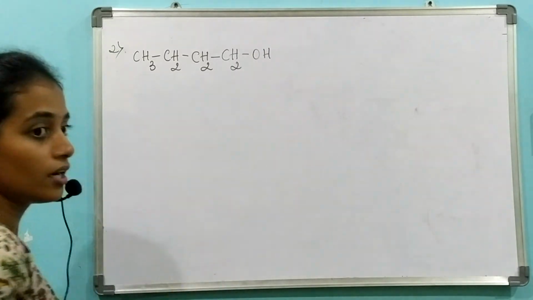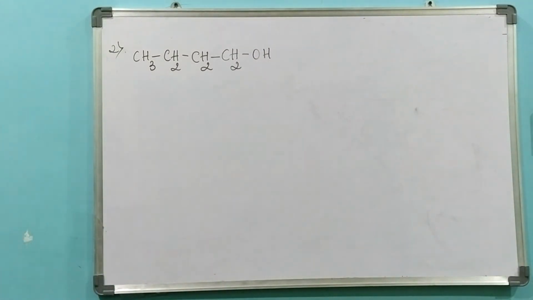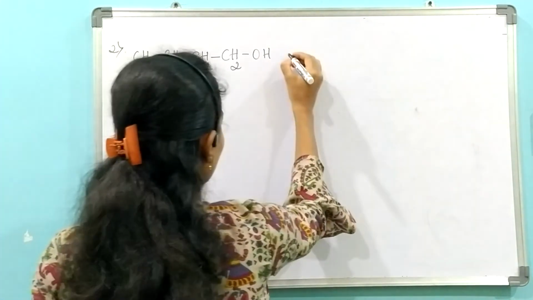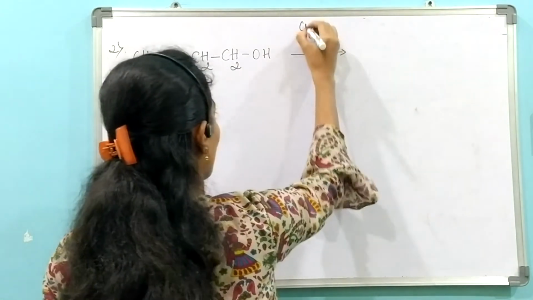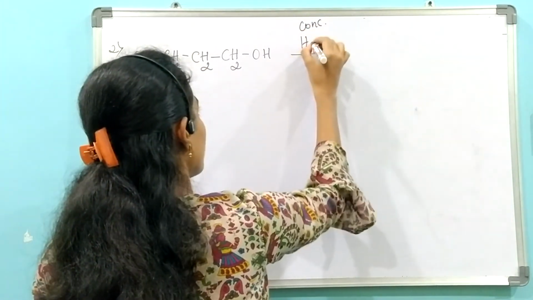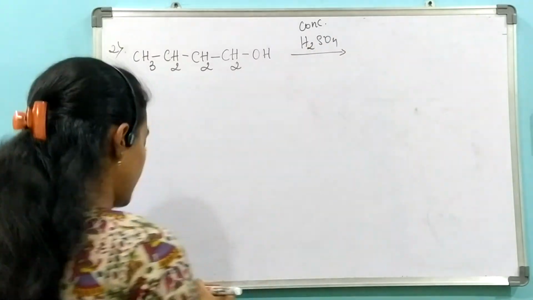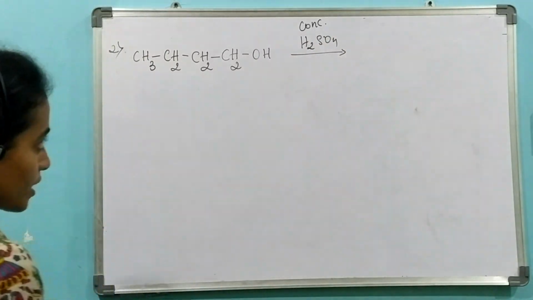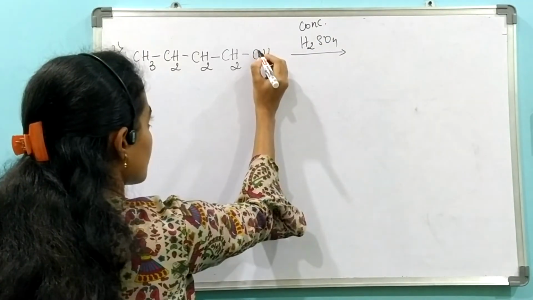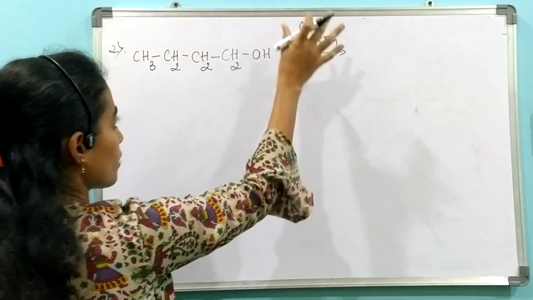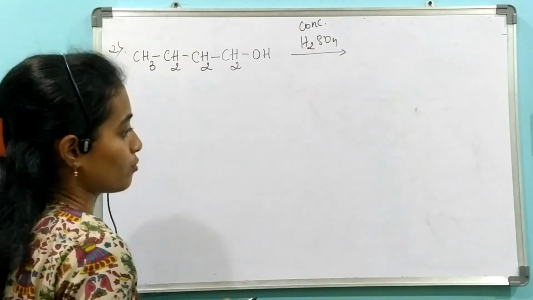I have taken a butanol here. So this is a dehydration of alcohol method where I will be using concentrated sulfuric acid. What does this concentrated sulfuric acid do? It helps us to eliminate the water molecule from the alcohol.